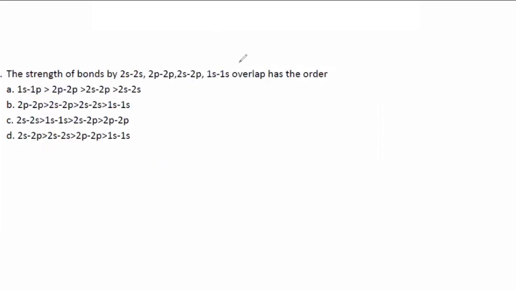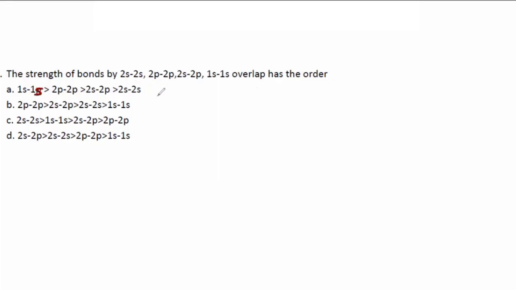The next question. The strength of bonds 2s-2s, 2p-2p, 2s-2p, 1s-1s. Okay. So what about the strength of bonds? If we consider the strength of bonds, here they mean the formation of what? Sigma bond. Formation of sigma bond. Actually this is 1s-1s.